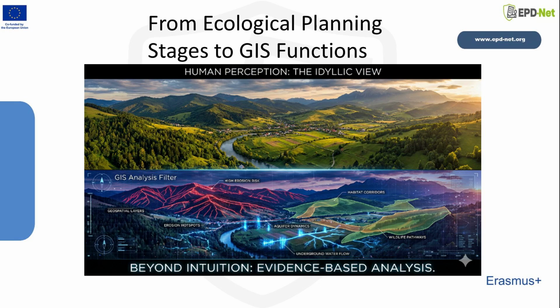It enables the evaluation of alternative land use and design scenarios, supports risk-sensitive and resilience-oriented decisions, and improves transparency by translating complex analyses into clear spatial representations. Through continuous monitoring and data integration, GIS also supports adaptive planning, ensuring that ecological decisions remain responsive to changing environmental conditions.